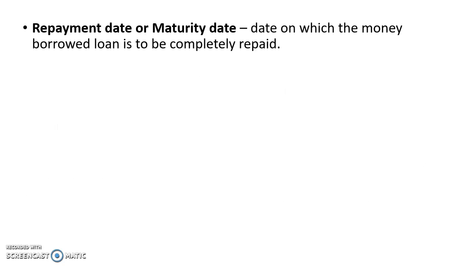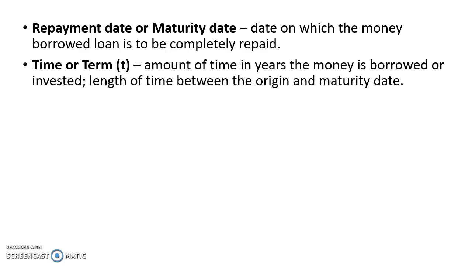Repayment date or maturity date: date on which the money borrowed is to be completely repaid. Term or time, denoted by small letter t: amount of time in years the money is borrowed or invested, the length of time between the origin and maturity date.